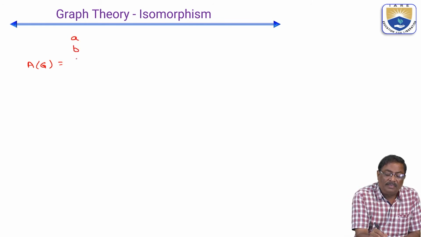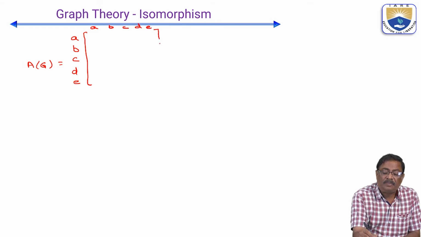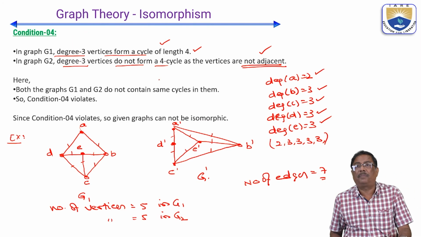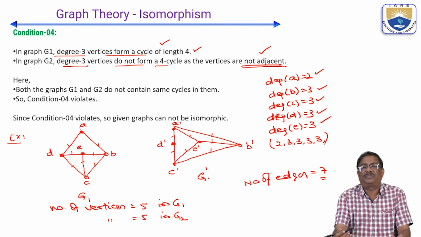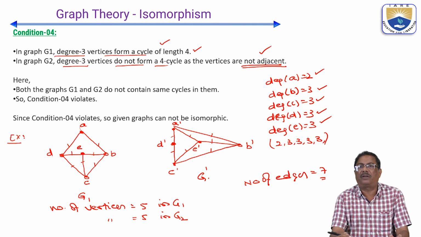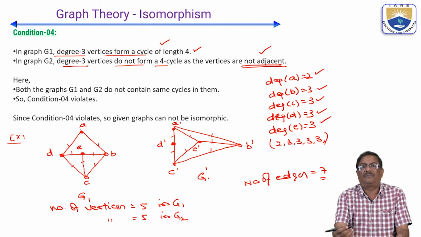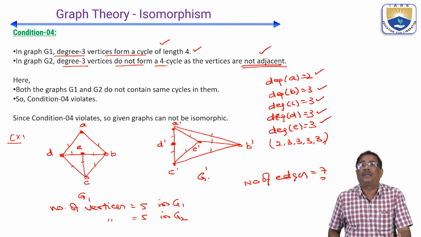A, B, C, D, and E, and this is A, B, C, D, E. I am not going to take the complement, though you can consider the complement, no problem. From that also you can get the answer directly. We already solved one problem with the complement. Instead of that, we are taking the adjacency matrix. Of course, we could take the complement of G1 and G dash and find the solution.